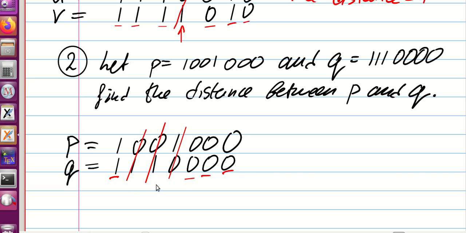So in 3 places we have a difference, 1, 2, 3. So the distance is equal to 3. Again, a relatively simple idea.